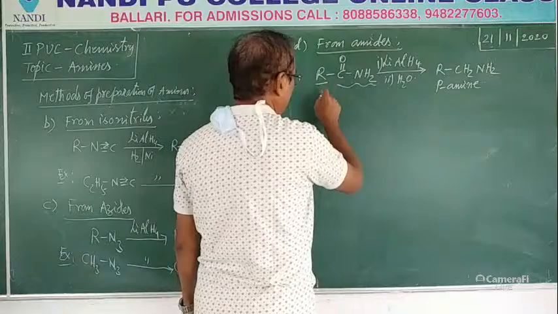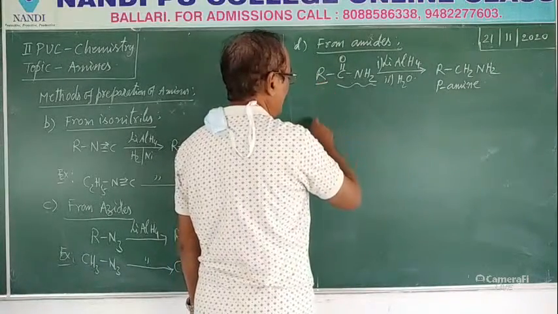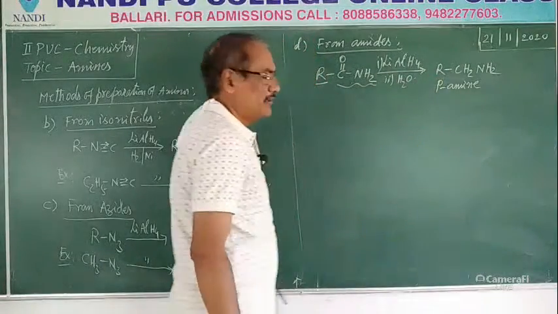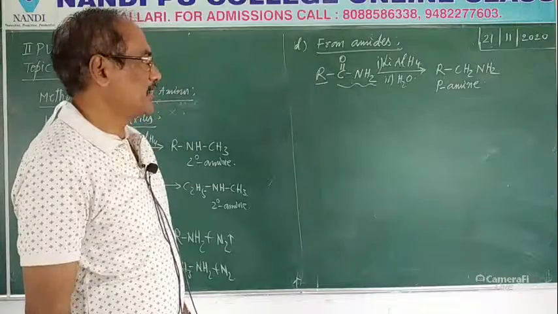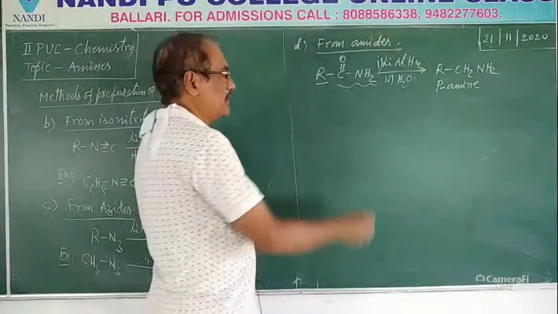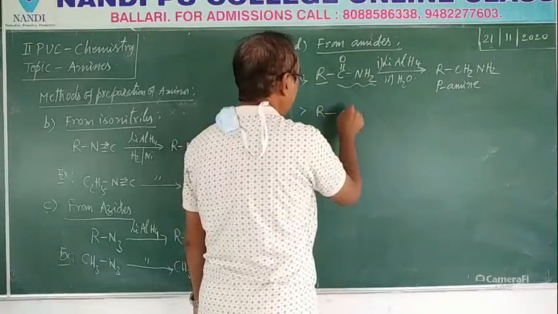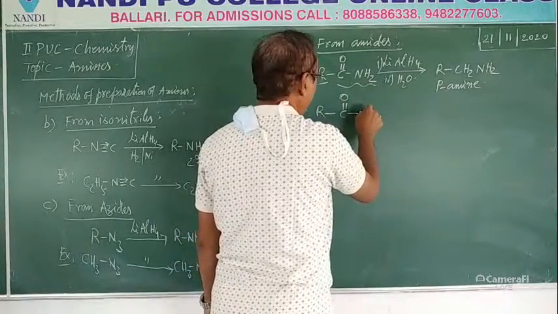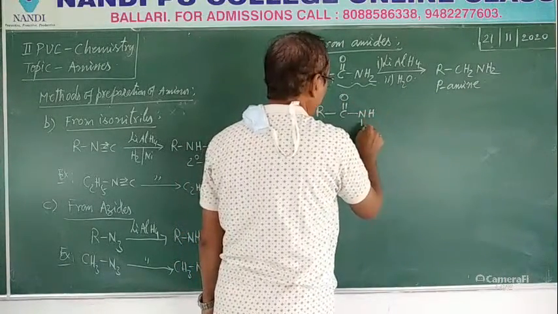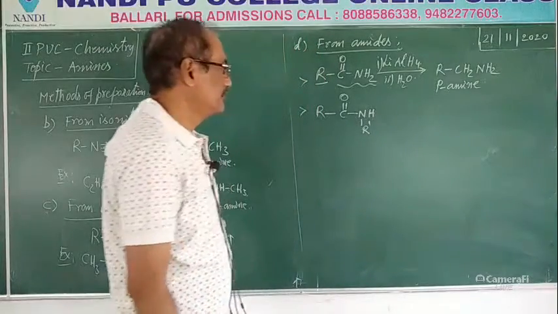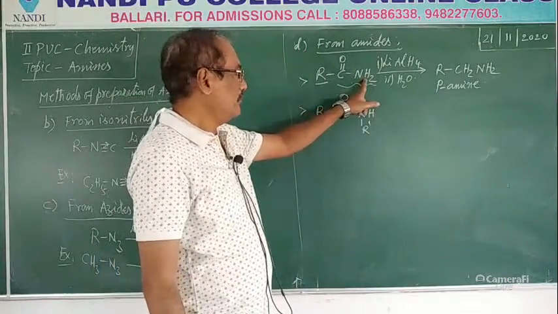For example, you can take R. In place of R it may be methyl, ethyl, propyl, aryl, whatever it may be, then you will get the corresponding ones. Suppose I take a substituted amide, CONH R dash, that is, the NH2 group.